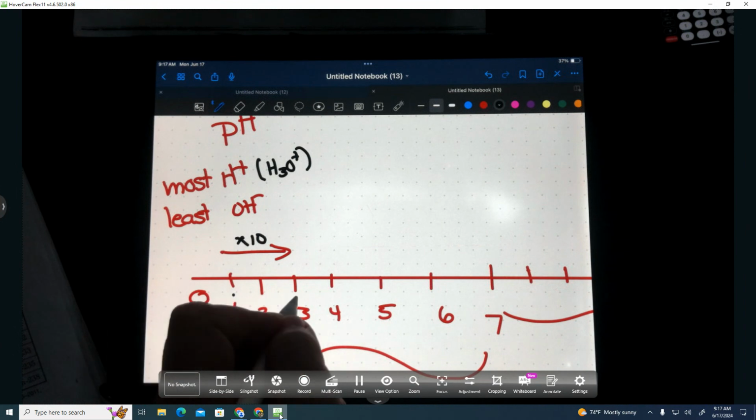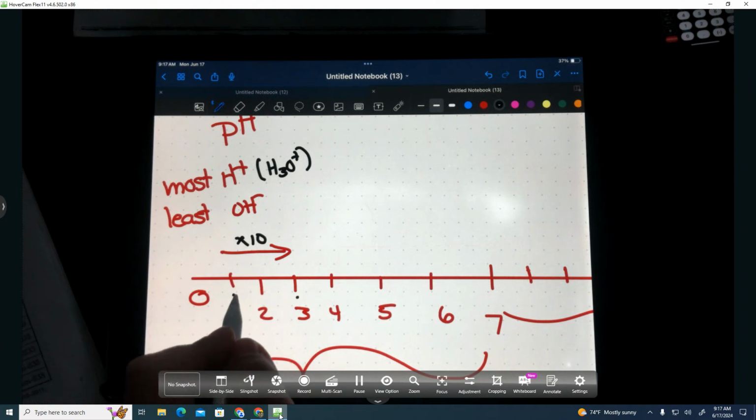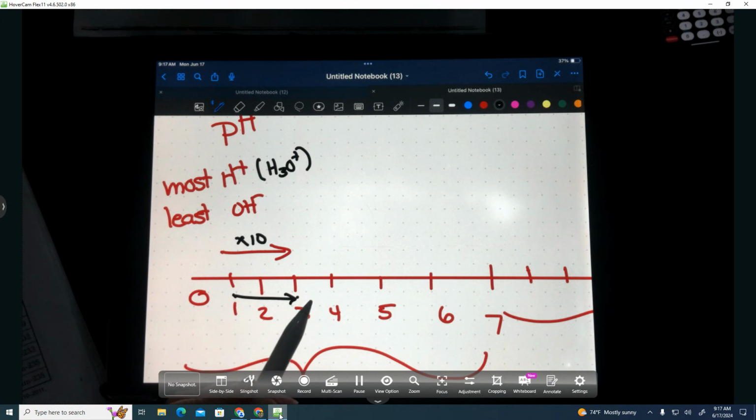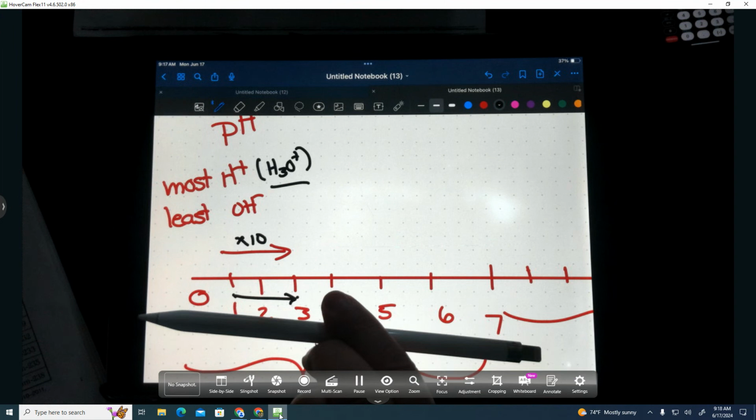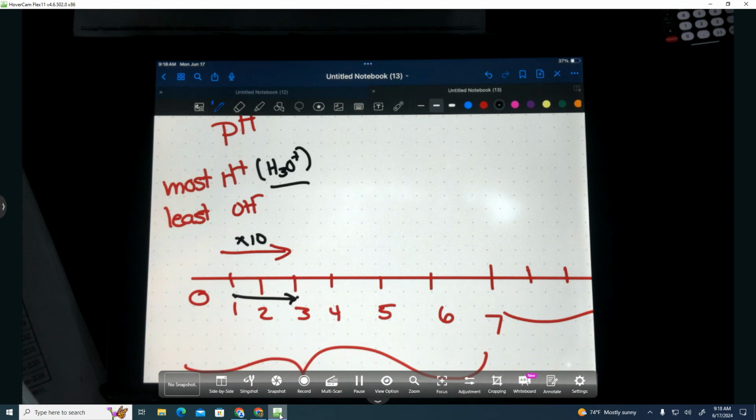So if I go from 1 to 3, I have 100 times less H pluses, or 100 times less hydroniums, because I went this way. If I go this way, I have 100 times more hydroniums. You understand? They love to ask that question.